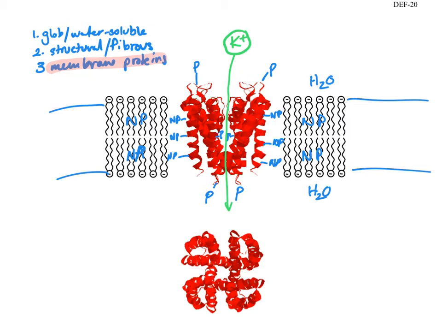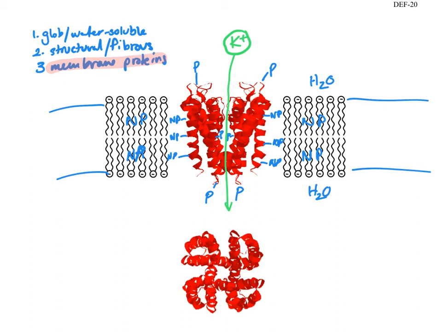Remember, we said it's almost impossible for potassium or any charged molecule to go through the membrane itself because it would have to be dragged through this nonpolar area, which polar things hate to do. But we have a pore going down through this protein, and that makes this a protein channel, and it allows the potassium ion to go through the membrane because the interior of the protein is polar. In fact, it's somewhat negatively charged.